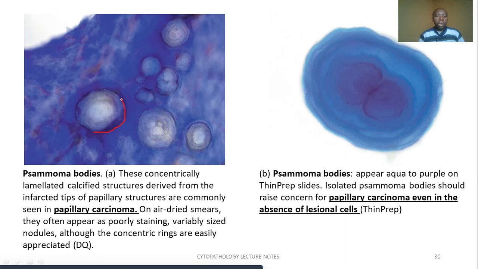So this is what we are calling a psammoma body. We can see the concentric lamination, like circles appearing in here. Yes, when we look, we can see the concentric lamination here. So this is what we are calling psammoma bodies.